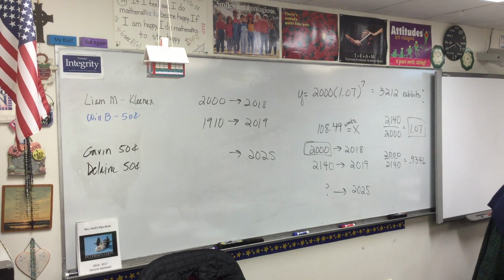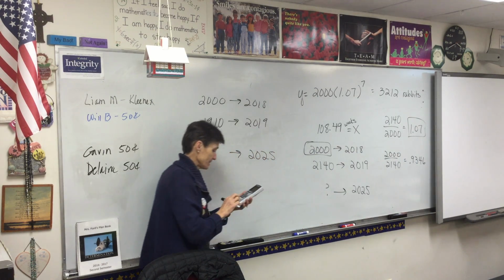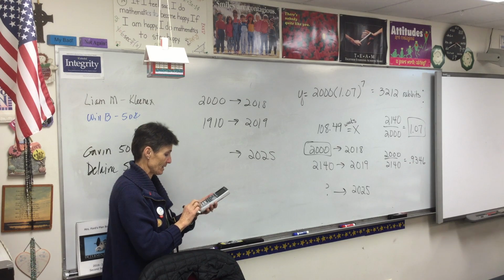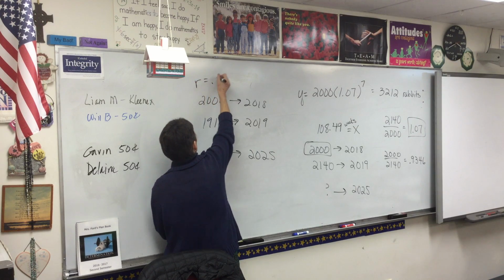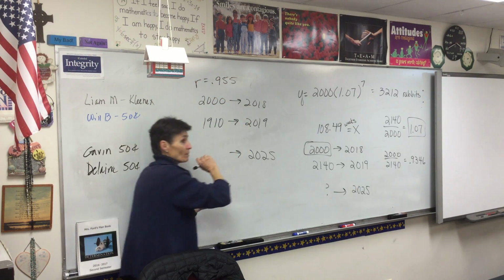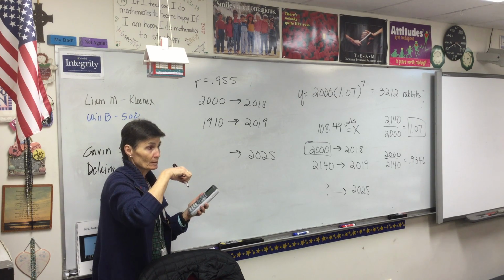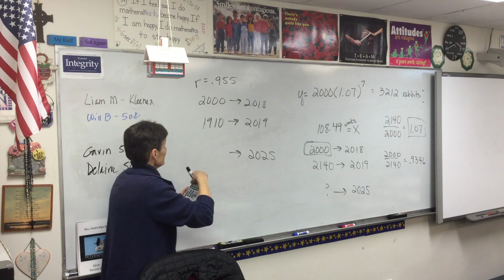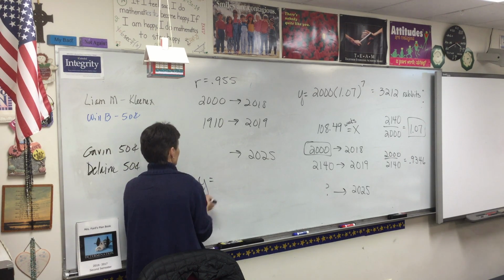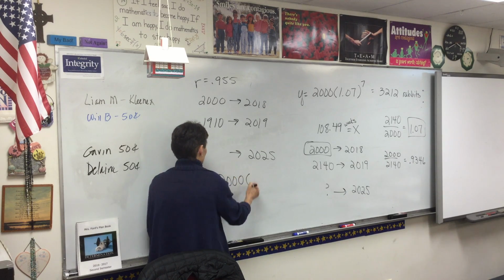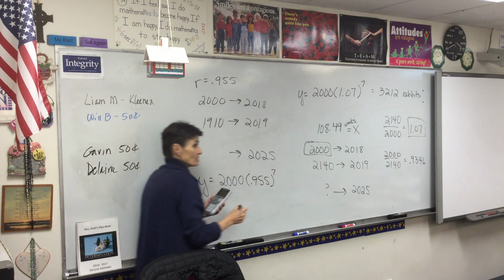But this time, what's our ratio? 1910 divided by 2,000. So it's 0.955. Is everybody okay with that? Is our population going down? Okay. So our answer is going to be 2,000 times 0.955, and again, we're in 7 years.